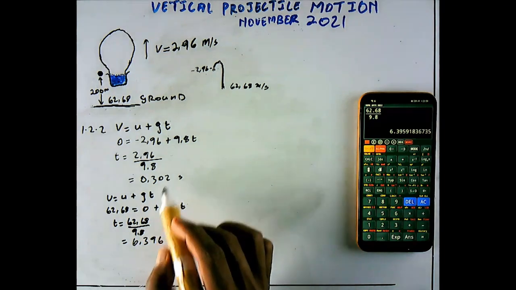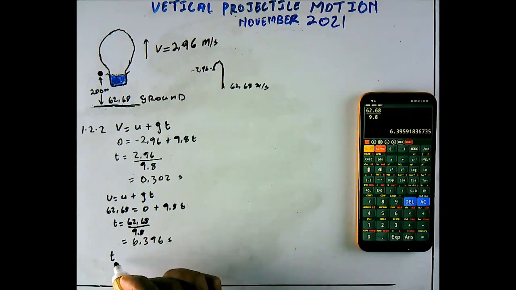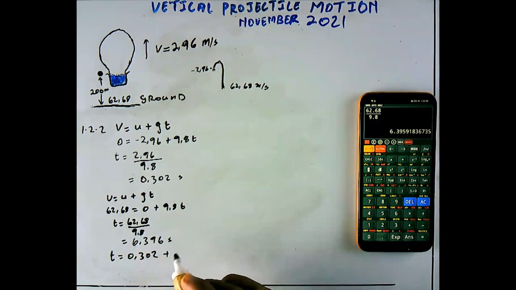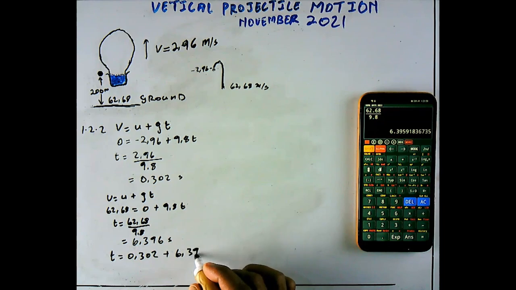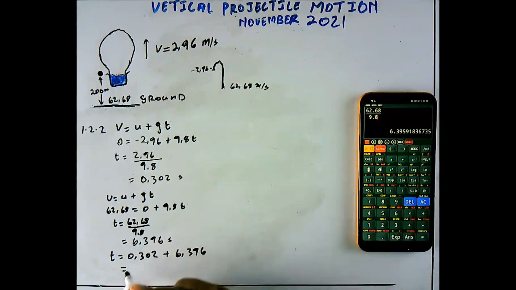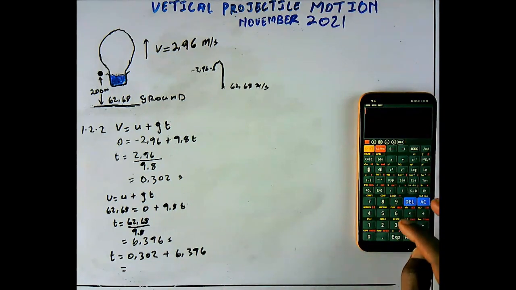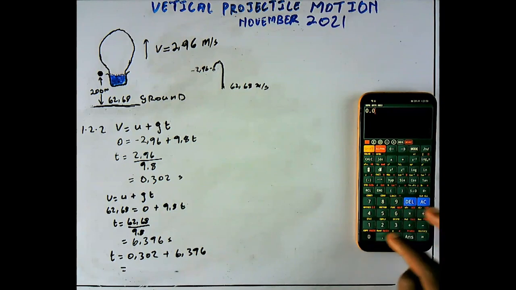So the total time is this time plus this time. So t total equals 0.302 plus 6.396, which is equal to 6.7 seconds.